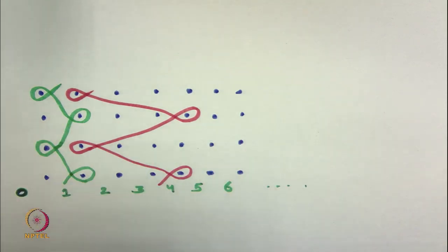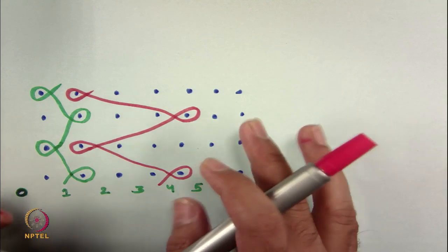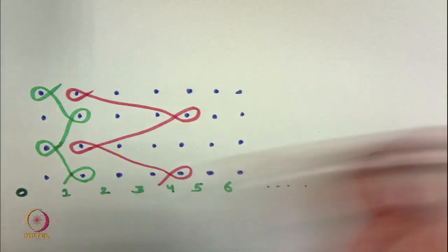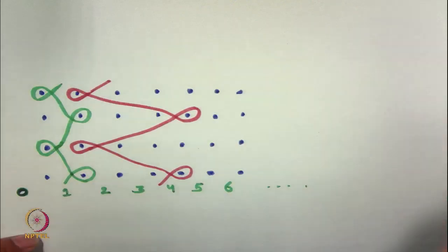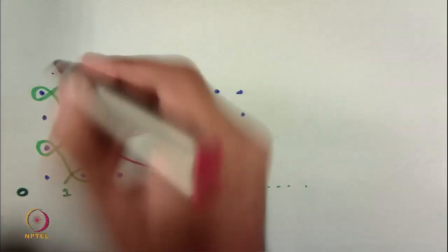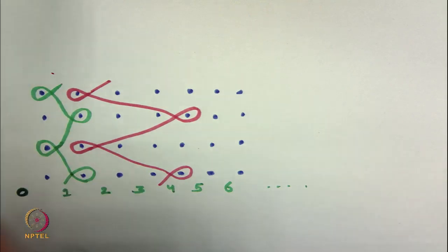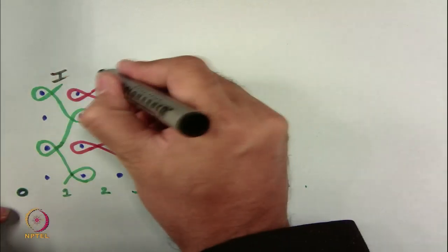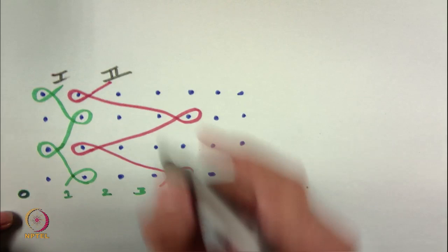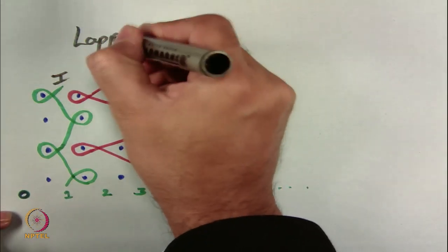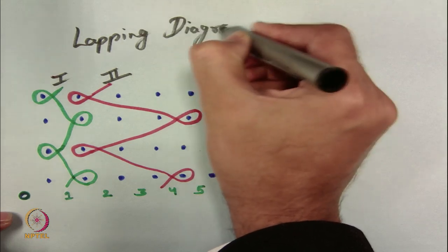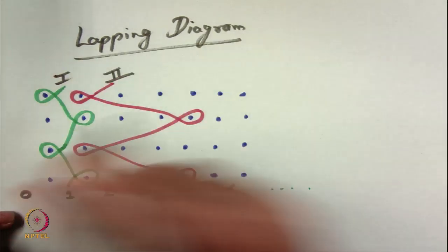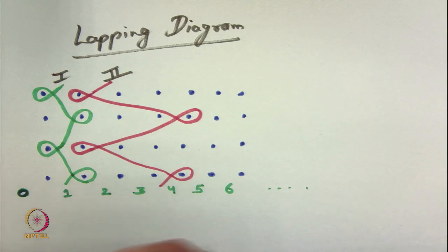So, once this is clear, now you just need to denote this movement with some numbers. So, this is, let us suppose, guide bar 1 and this is guide bar 2. Okay. So, this lapping diagram for a 2 guide bar structure is available to us.